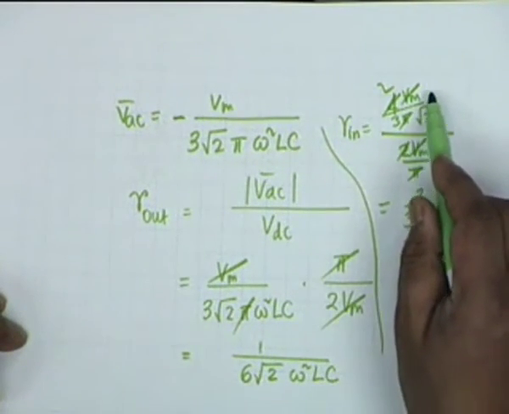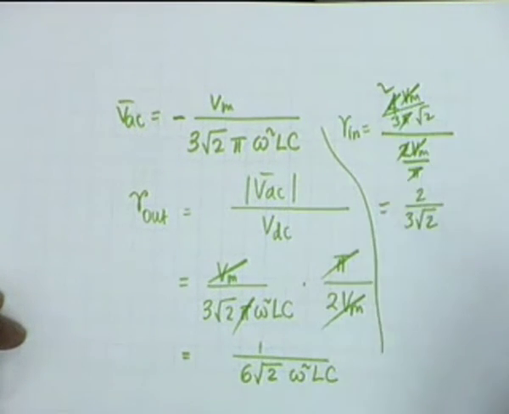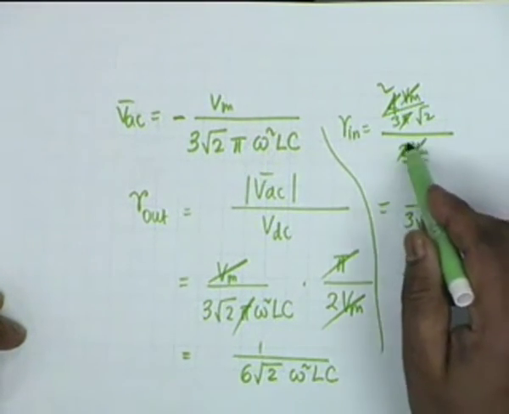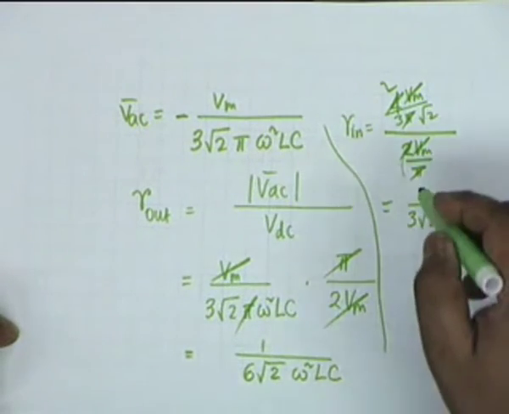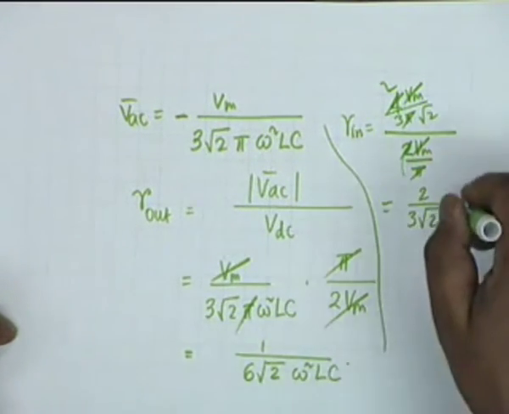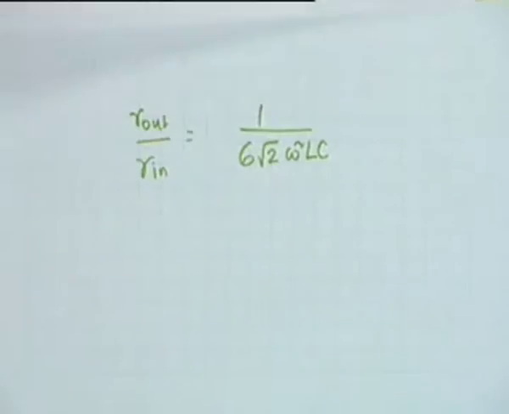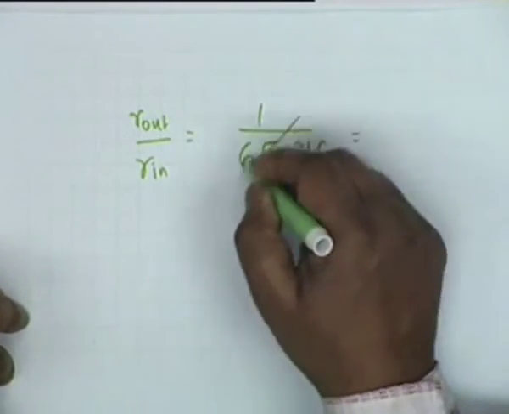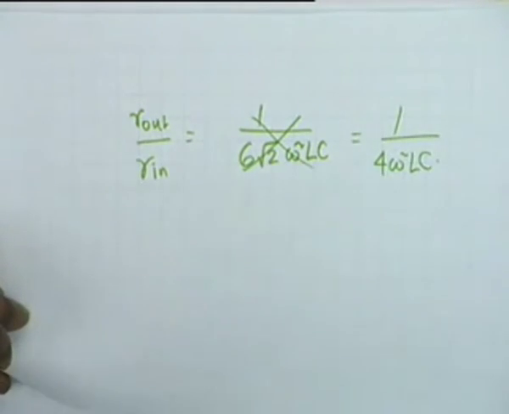Input ripple factor is V2H phasor, which is 4 Vm by 3 pi root 2 divided by the DC value 2 Vm by pi, which is 2 by 3 root 2. What I want to do now is to compare the output ripple factor to the input ripple factor to find out 1 by 4 omega squared LC. That's quite correct.